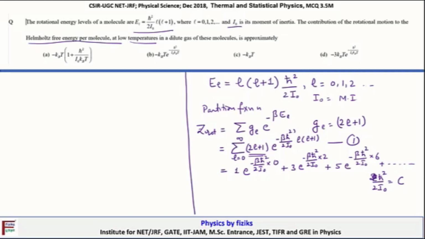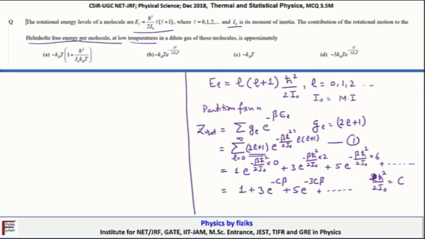So in terms of that factor, Z rotational turns out to be 1 plus 3 exponential minus c beta plus 5 exponential minus 3 c beta, plus so on.